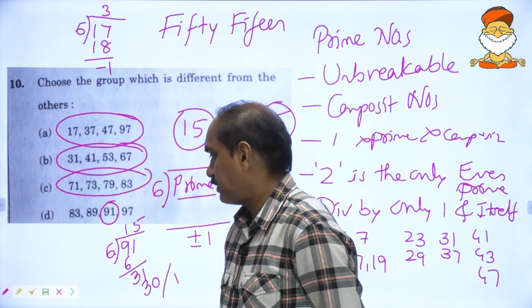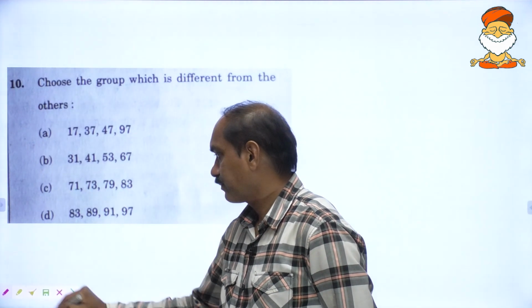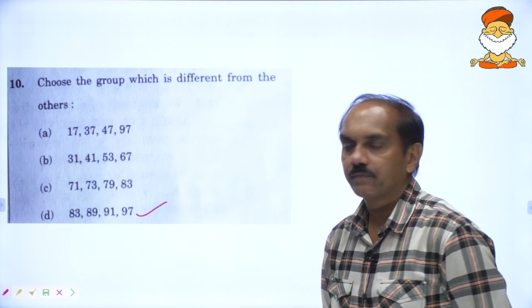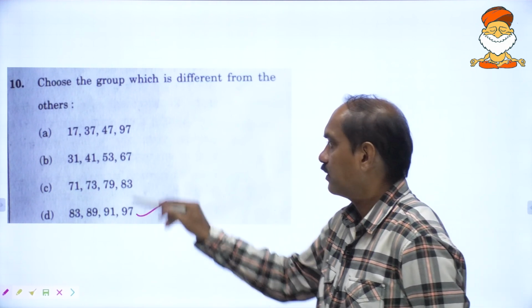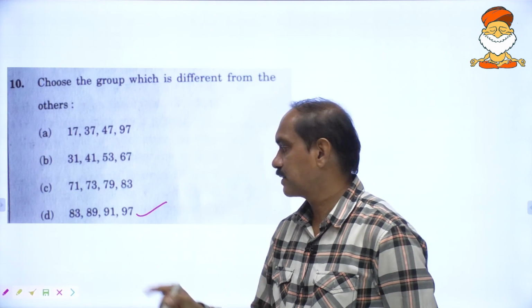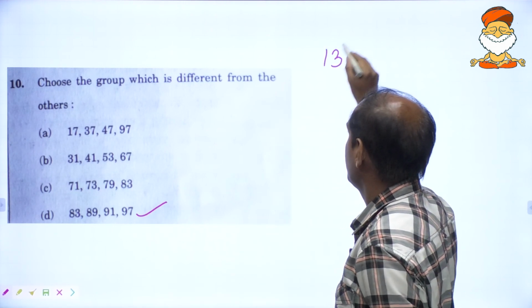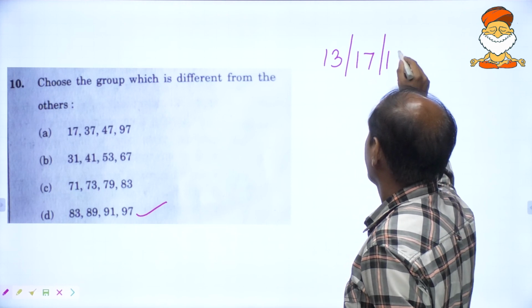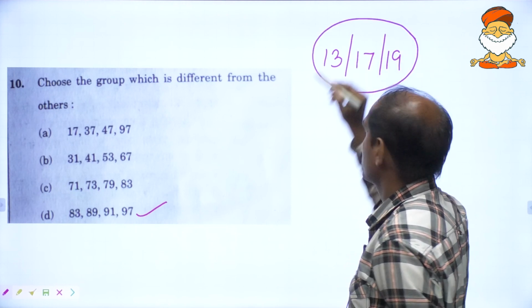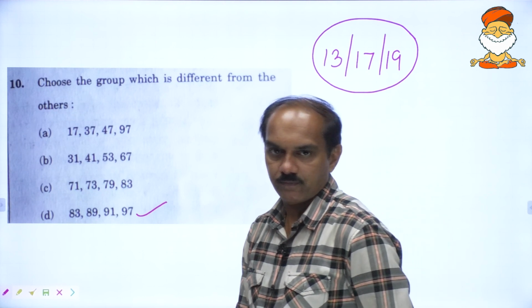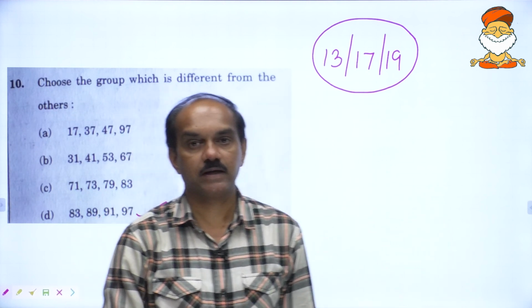It is a composite number, therefore the final answer will be the last option. In all the groups we have got prime numbers except the last one, and I have been telling you the most important tables, and here it is proved: 13 sevens are 91.